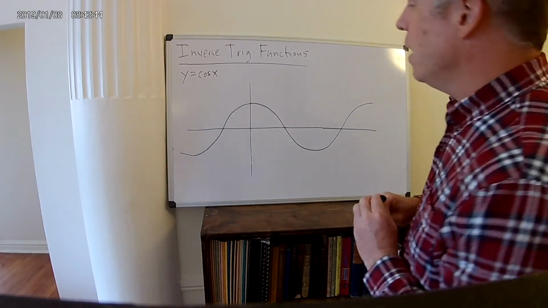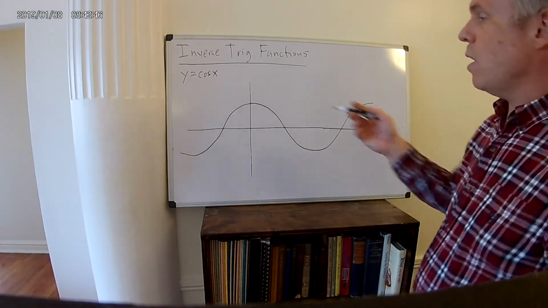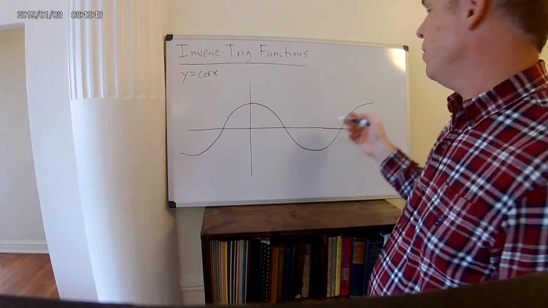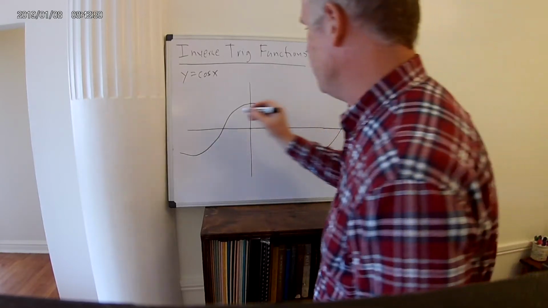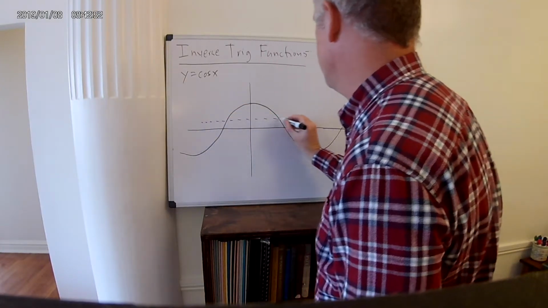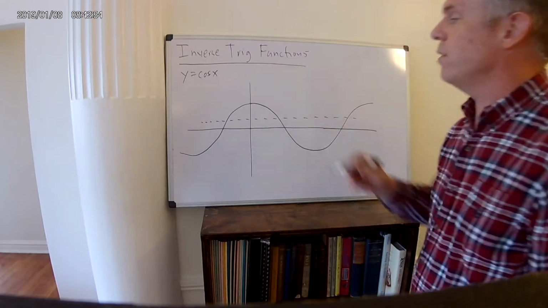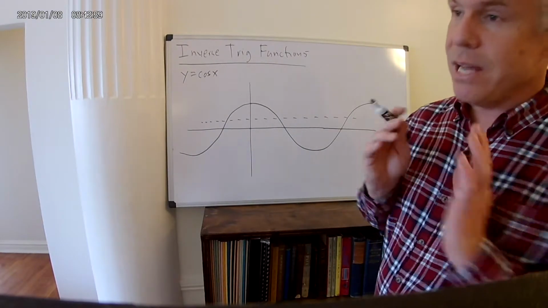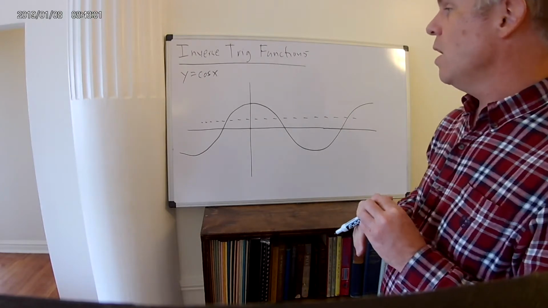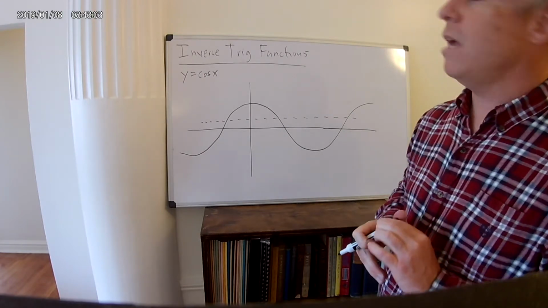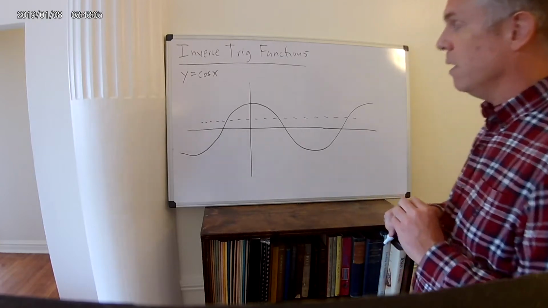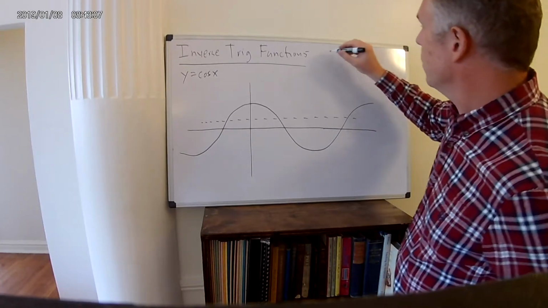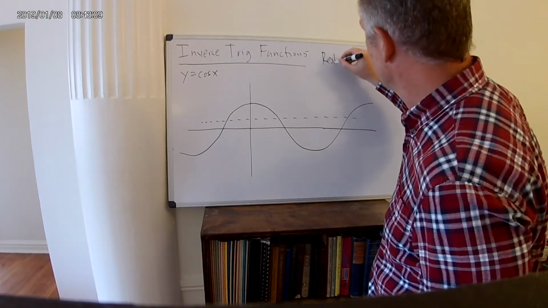And again, if we draw a horizontal line, for instance, this horizontal line intersects cosine of x at many different places. Therefore, cosine of x is definitely not a one-to-one function, which you would think would mean we can't find an inverse.